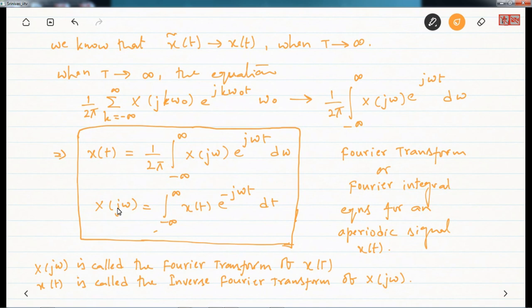So this x of j omega is the Fourier transform of x of t, and x of t is the inverse Fourier transform of x of j omega.